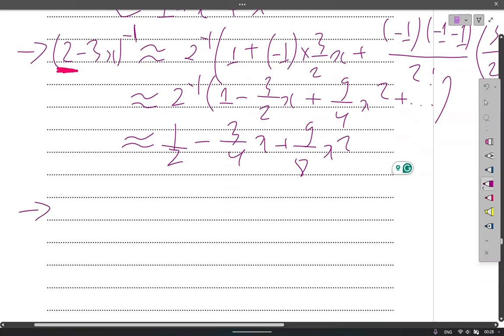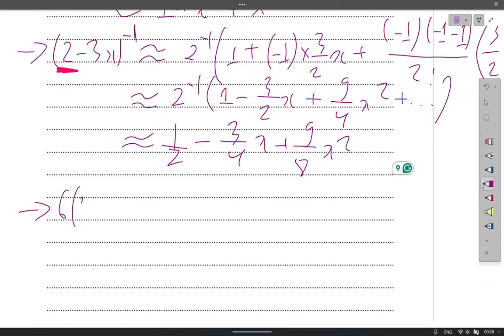For the third part, we can also use that same formula from before.